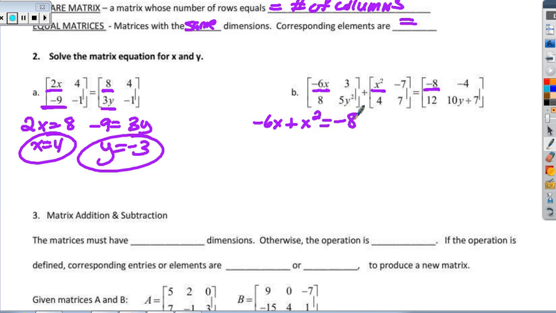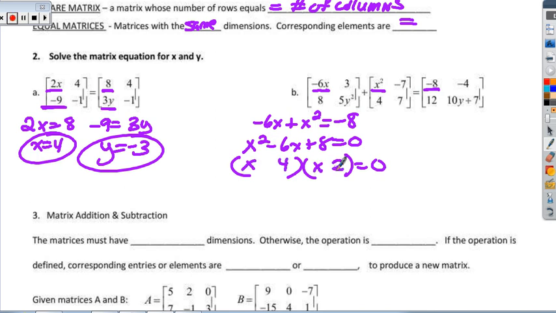It is a quadratic, so we do need to have everything over to one side. And this is factorable. So you have x minus 4 and x minus 2, they're both negative. So x is equal to 4, and x is equal to 2. It is okay to get multiple answers.